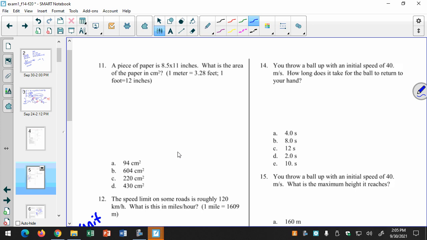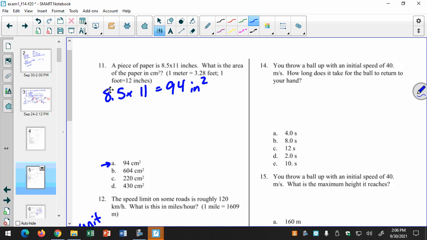Here, I asked you to find the area of a piece of paper in square centimeters. So the first thing you would do here is figure out what the area is in inches. So 8.5 times 11 says that is 94 square inches. That's your first step. By the way, notice that that answer is there, so be wary.